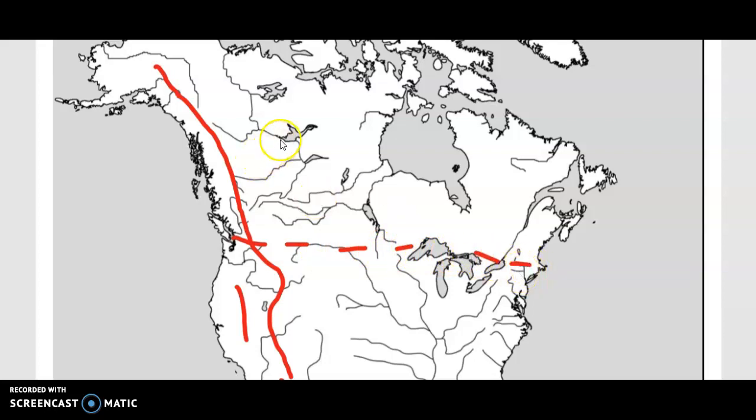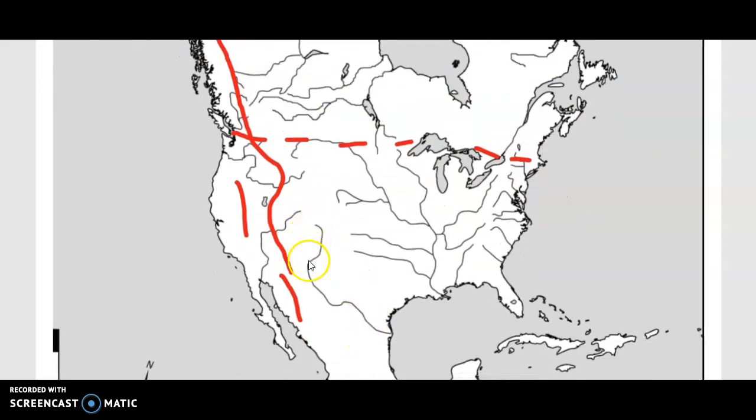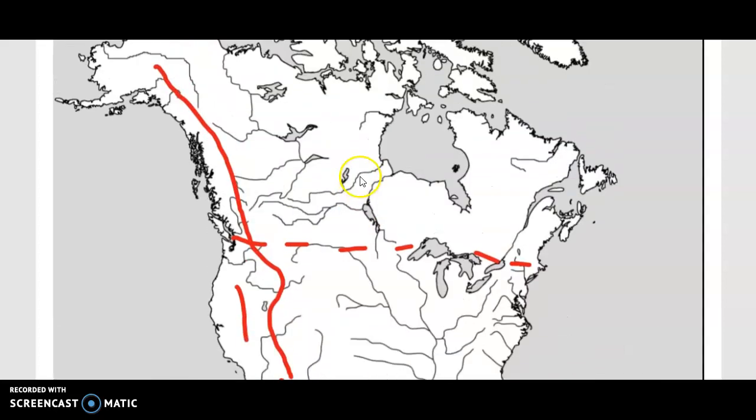The northern part of North America is Canada and the southern part is the United States of America, followed by Mexico, right? So north and south part of North America, I just wanted to show you. The lakes here are basically in between both. They are making a boundary between Canada and the United States of America, right? So nothing difficult in that.